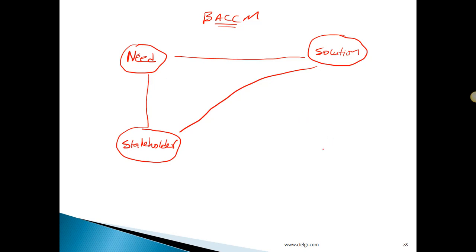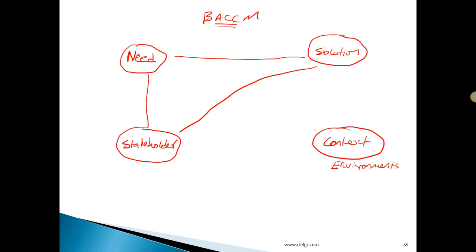Now, the fourth component of the BACCM model is what we refer to as the context. Basically, let's look at the context as more like the environment within which our stakeholders operate, and within which the solution will also operate.